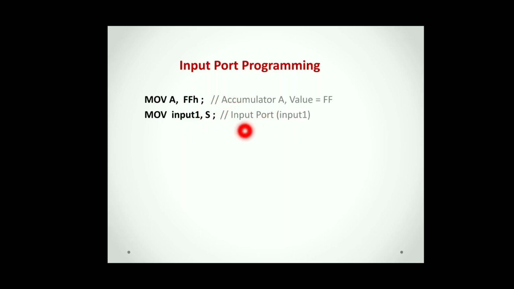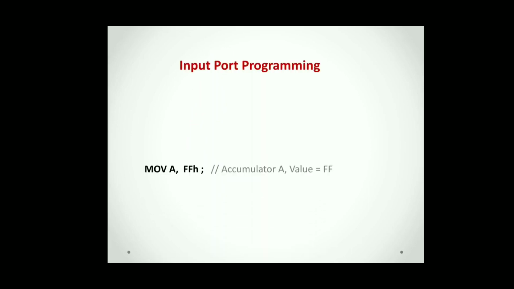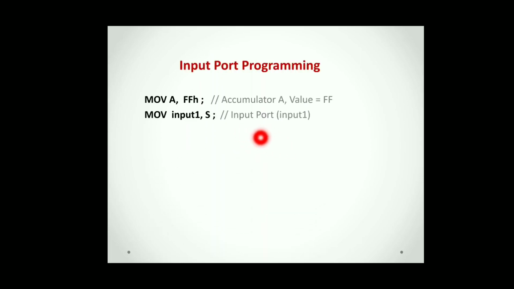So if the lady presses the acceleration pedal, that information is an input into the ECU. This is the input port, input 1, and we move S to IP1. IP1 is what we have made as the input, so for S, this gets data from the input.